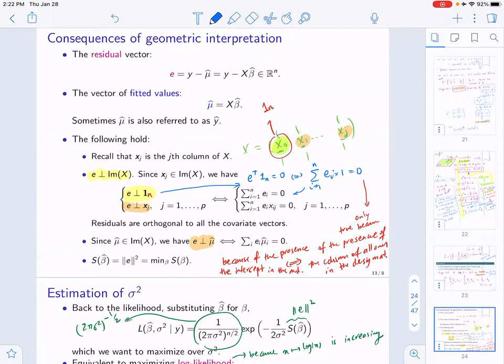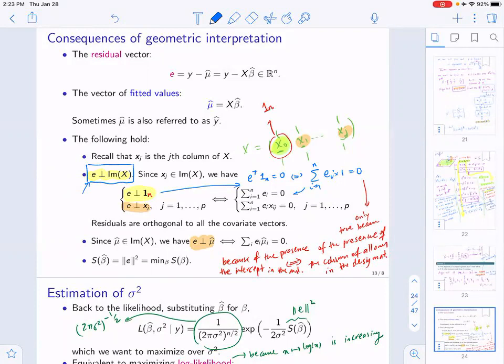There are some consequences of this geometric interpretation now. So this condition, if you remember, was the key geometric insight that we had, and this led to the geometric derivation of the normal equations and so on.